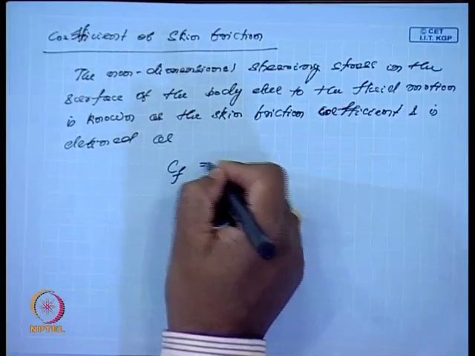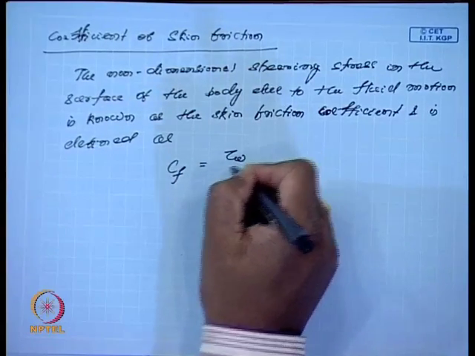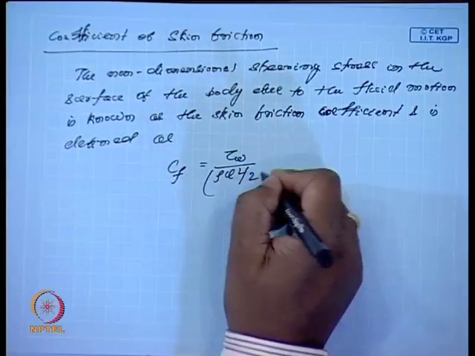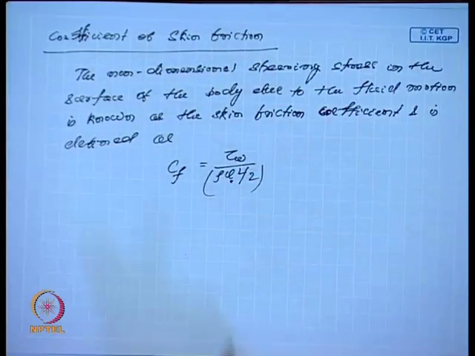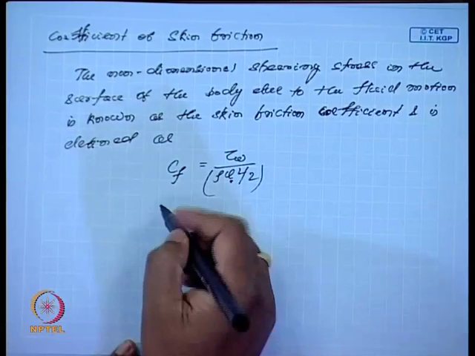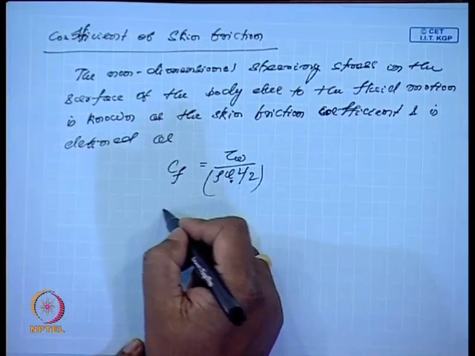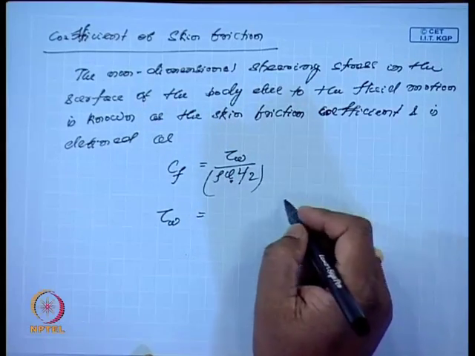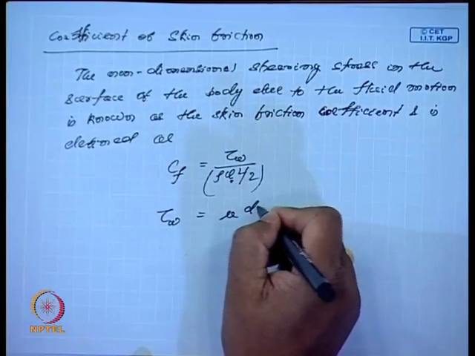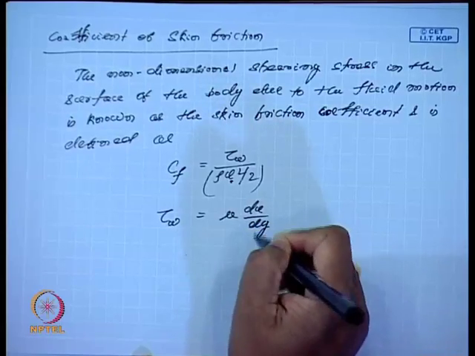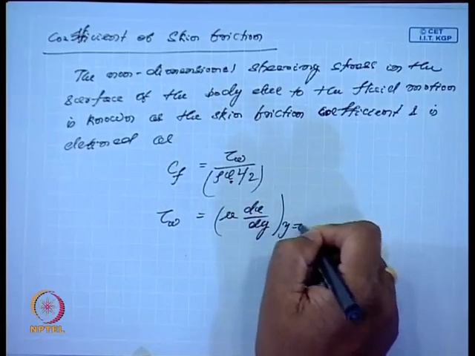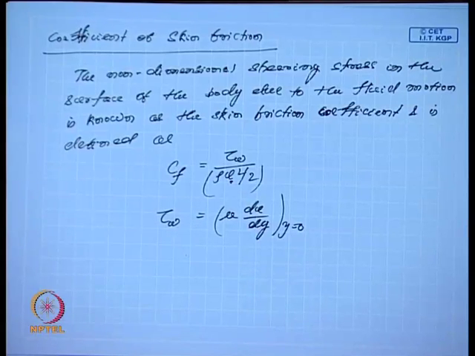Cf is equal to tau w by rho u square by 2. And tau w is given by, that is a shear stress near a wall, mu du by dy, and this is at y is equal to 0, because one of the walls is at y is equal to 0.